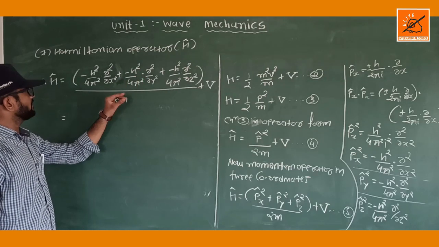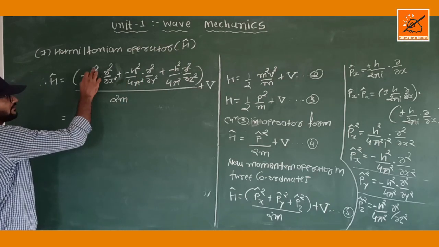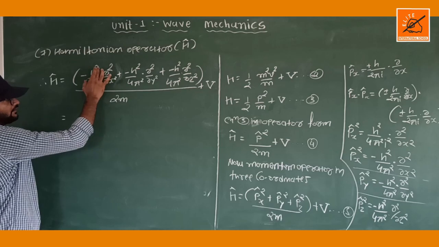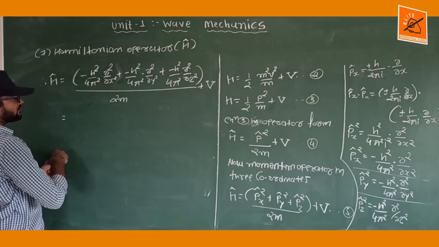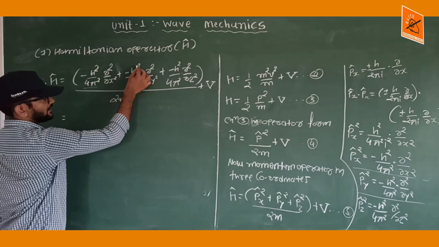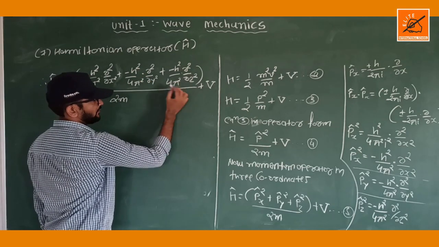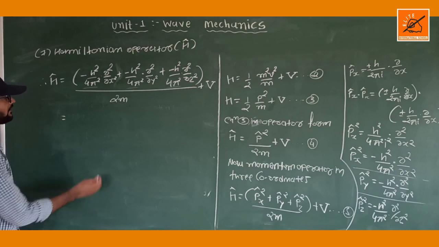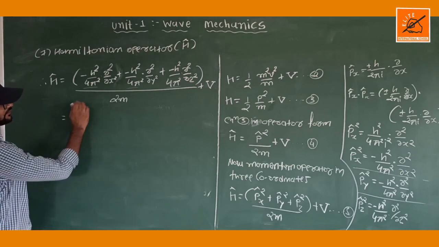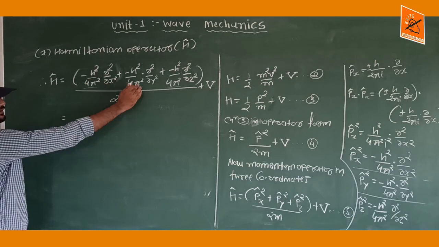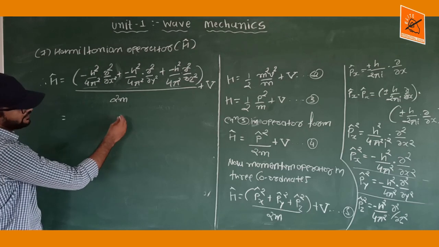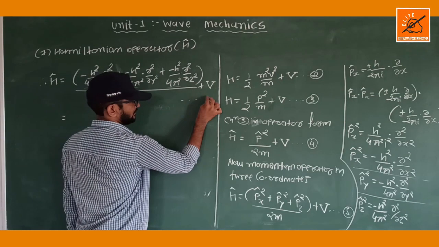Okay. So now in these terms, what is common? Minus h square upon 4 pi square here, minus h square upon 4 pi square here also, and here also minus h square upon 4 pi square. So we take common minus h square upon 4 pi square in equation number 6.